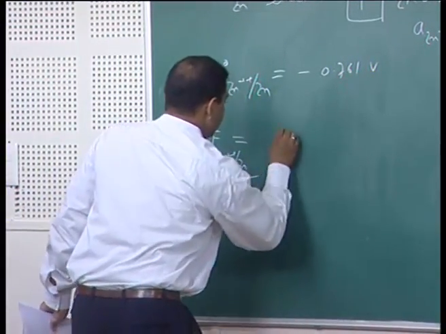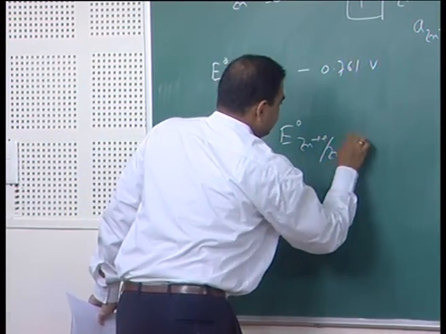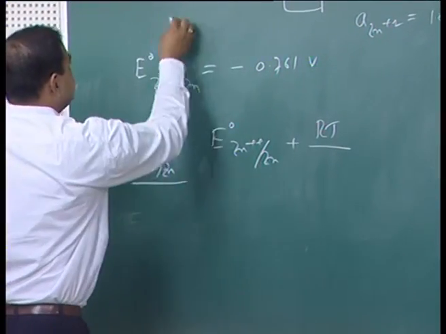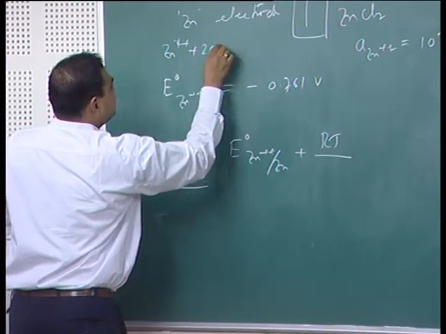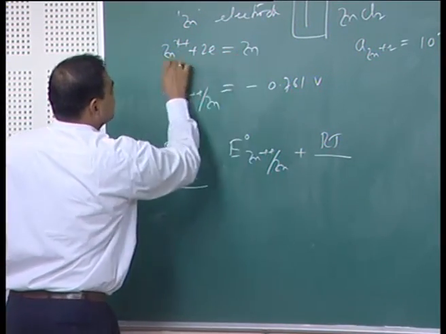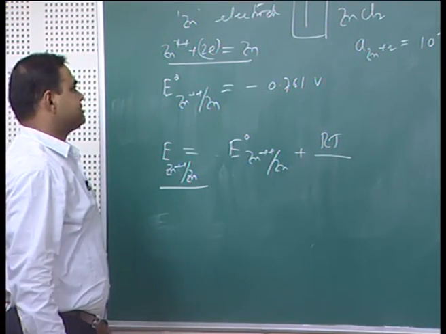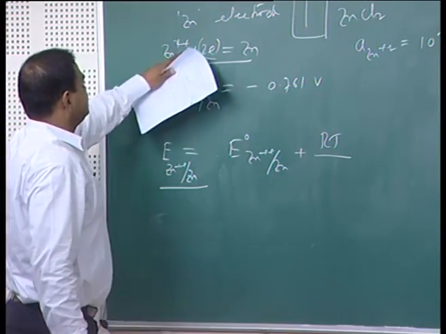Now this should be equal to E0 Zn plus plus by Zn plus RT, the Nernst equation, and here if you consider the relation Zn plus plus plus 2e going to Zn, that means we need 2 electrons for 1 mole of substance to deposit on the zinc electrode from zinc ion.